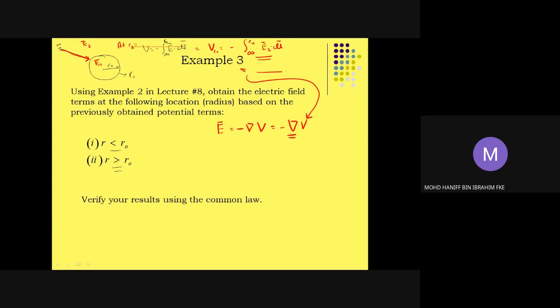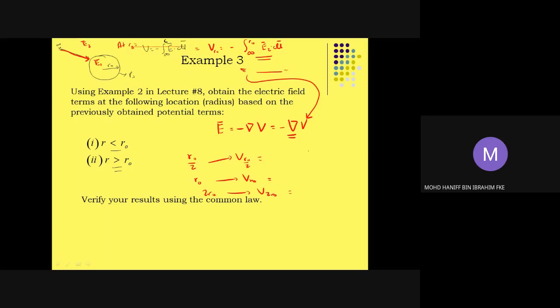So I believe that you have the value of V at R naught, right? Last time, if you can recall, we calculated 3 values. The first one is V at R naught over 2. Then we calculated the value at R naught, so we can find V at R naught. And also at 2 R naught, where we obtained the potential at 2 R naught. So we have 3 potential values: at R naught over 2, at R naught, and 2 R naught.